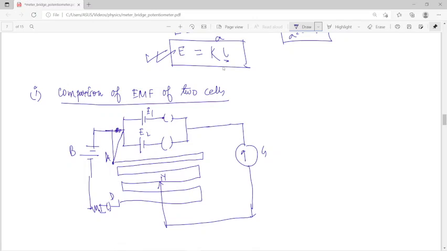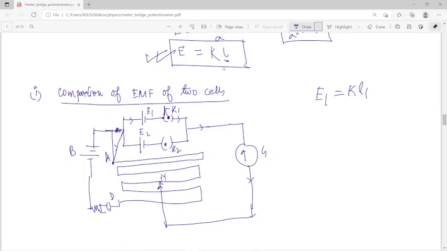In that case, I connect this key, say key K1, and the current will flow from the battery through this path, and we get the null point. E2 is not connected. So for E1 you will get the null point, say L1. Now you open the K1 key and press the K2 key.